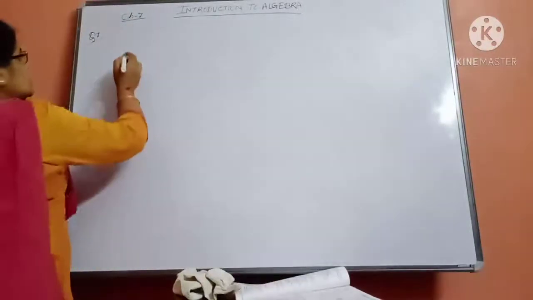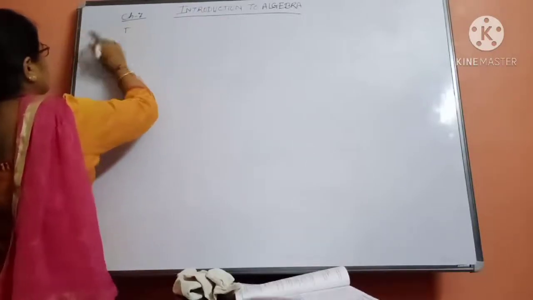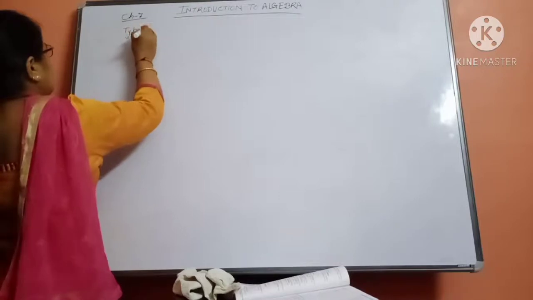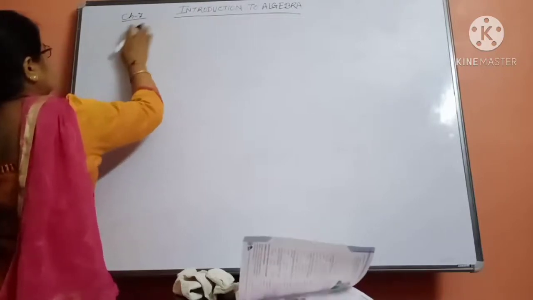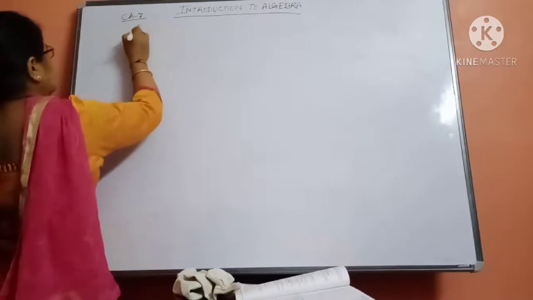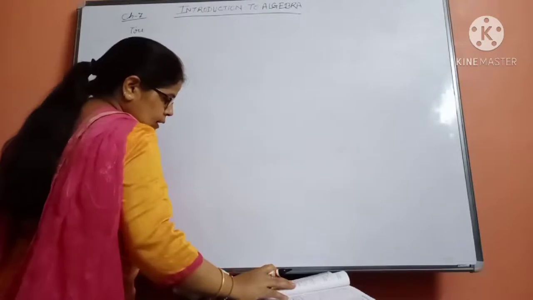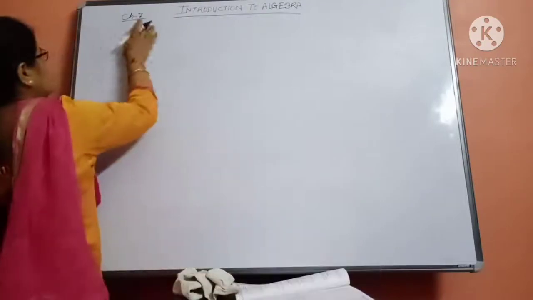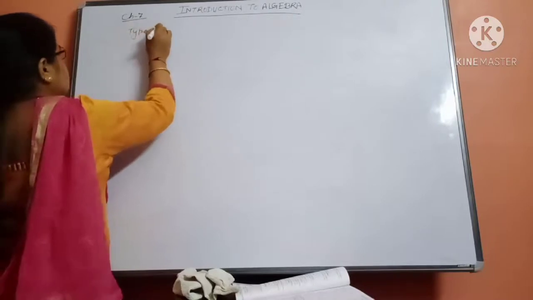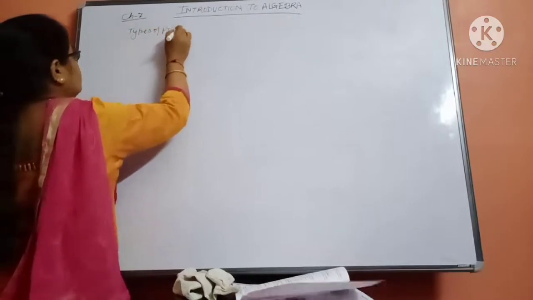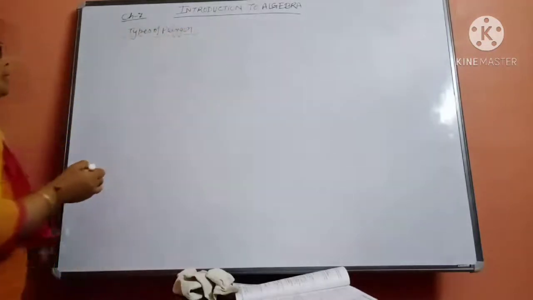First of all, before doing this question, you write the types of polygon. A polygon means a figure bounded by line segments.